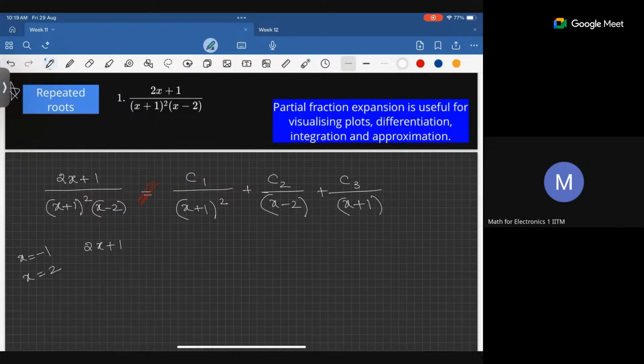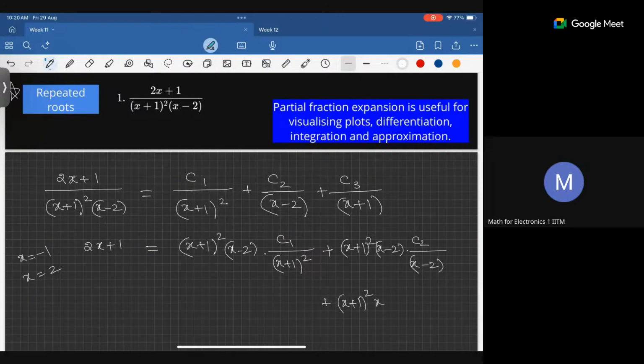So if I cross multiply, 2x plus 1 will be x plus 1 whole square into x minus 2 into C1 divided by x plus 1 whole square, plus x plus 1 whole square into x minus 2 into C2 divided by x minus 2, plus x plus 1 whole square into x minus 2 into C3 divided by x plus 1.